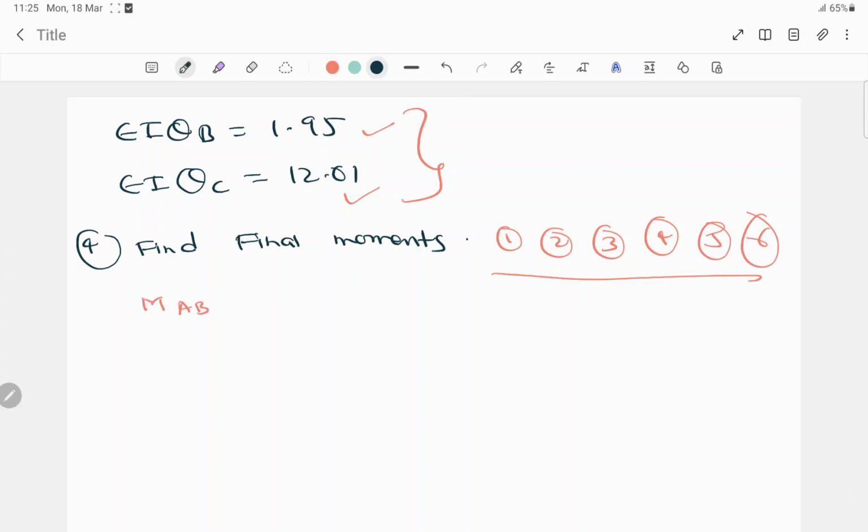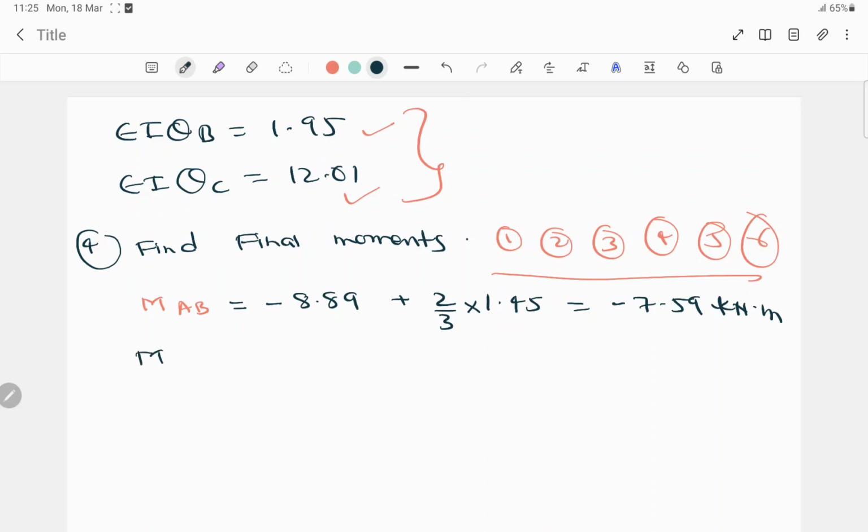MAB is equal to minus 8.89 plus 2/3 of EI theta B, which is 1.45, so we get minus 7.59 kilonewton meter.